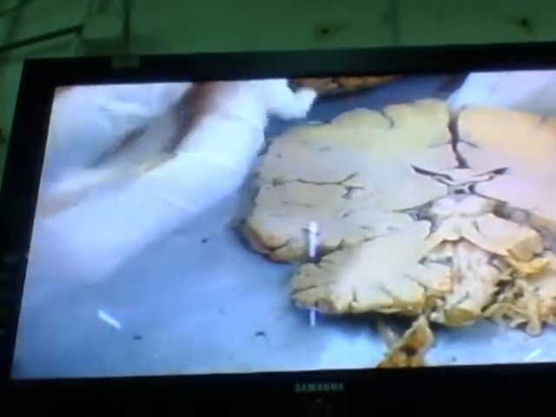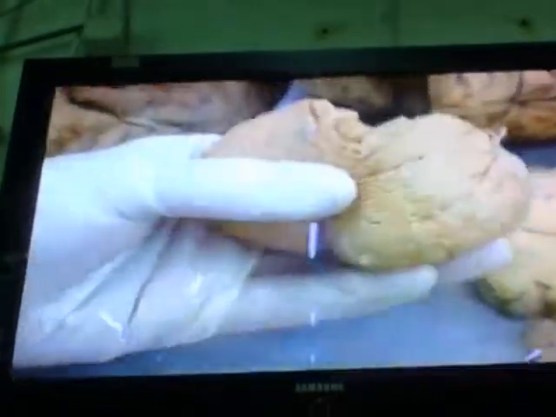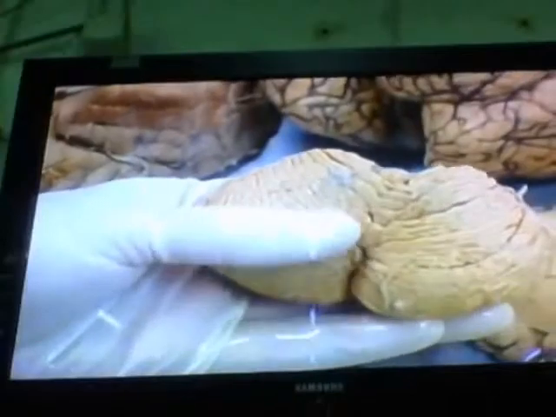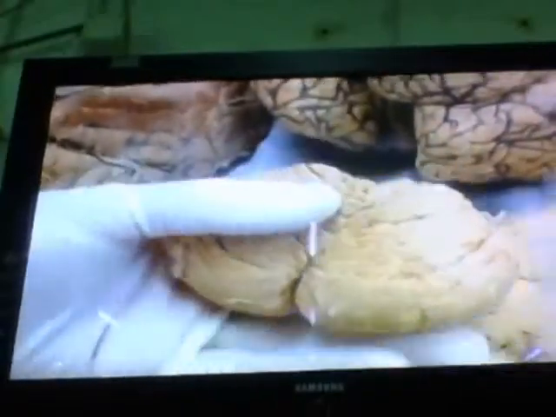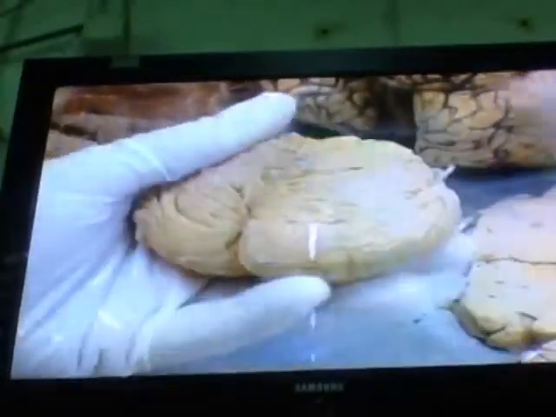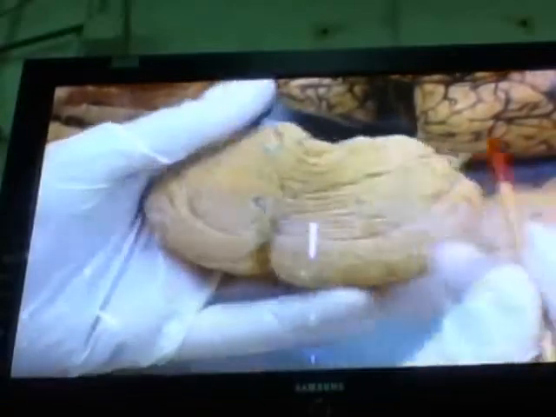So now for the cerebellum, remember that the cerebellum is involved in the equilibrium and the control of movement, and also in planning the movement. Okay?